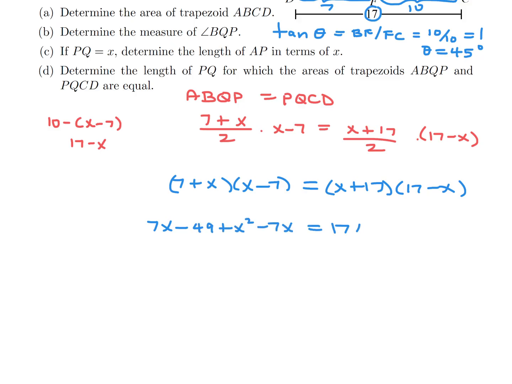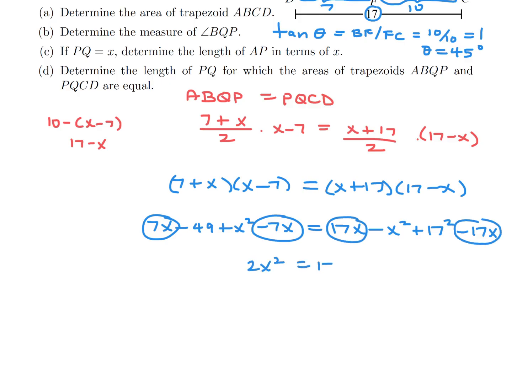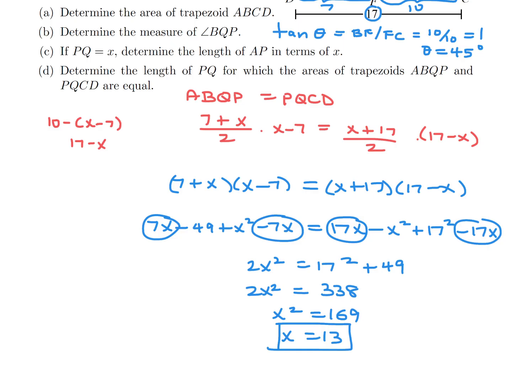And this would be 17x minus x squared plus 17 squared minus 17x. That cancels with that, and this cancels with this. So if we collect like terms, 2x squared and 17 squared plus 49. If I've done that properly, so 2x squared is 338, I believe. And then x squared would be 169. And therefore x is 13.